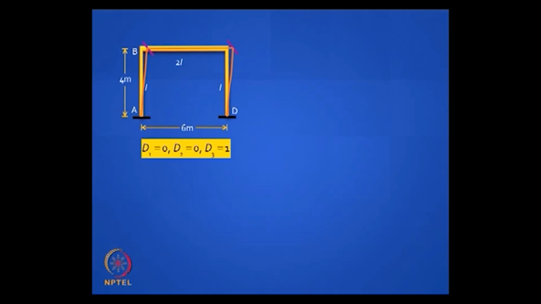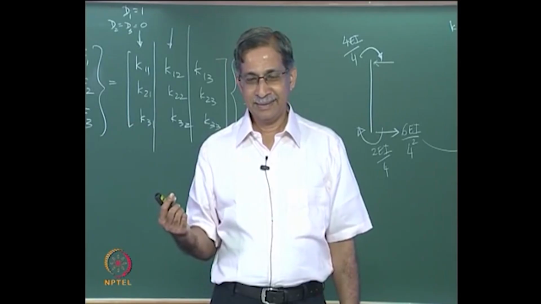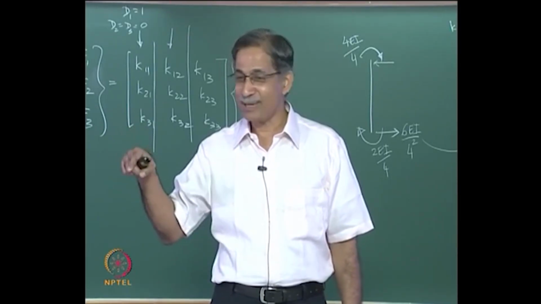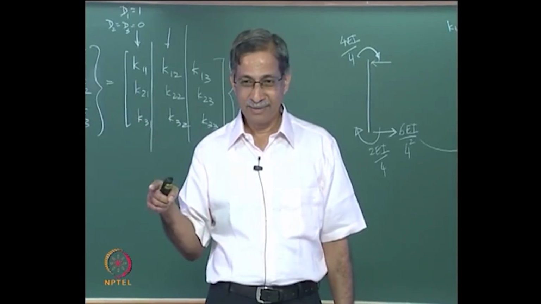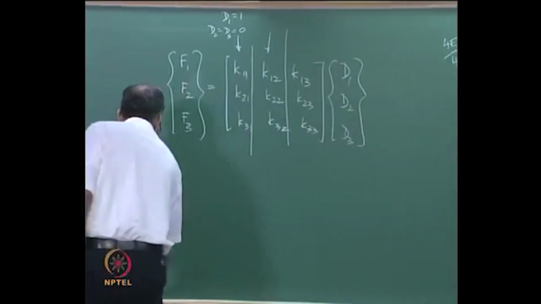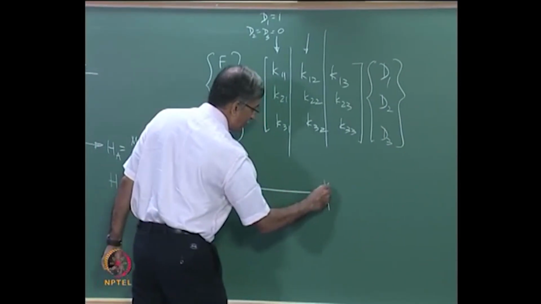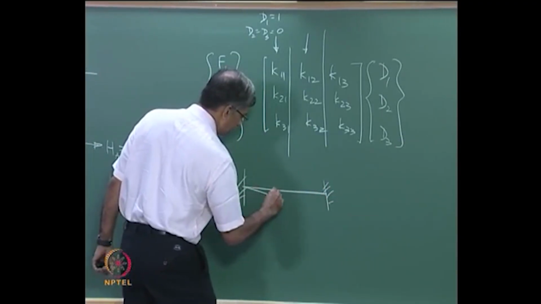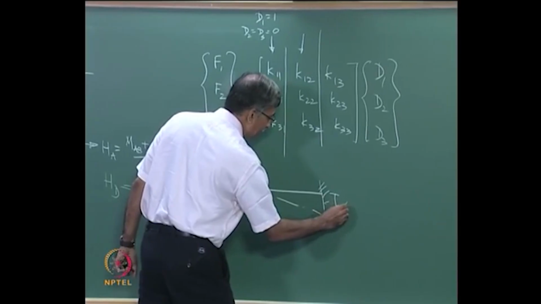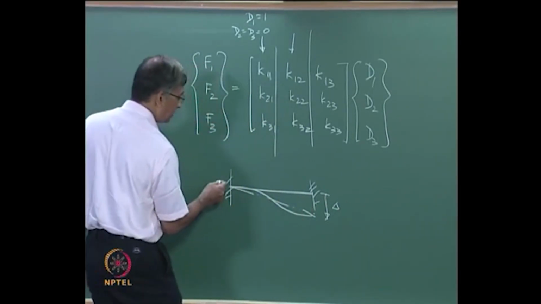K33 into L. 6 EI by 4. Sir, K33 into L by 2, into 1 by 4, because your chord rotation is 1 by 4. So remember this. If I have a settlement of supports problem and this is delta, this is the shape that you get.